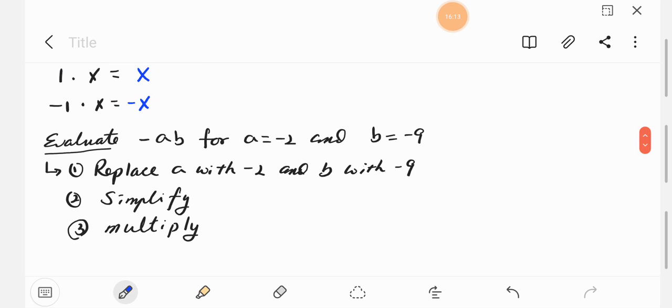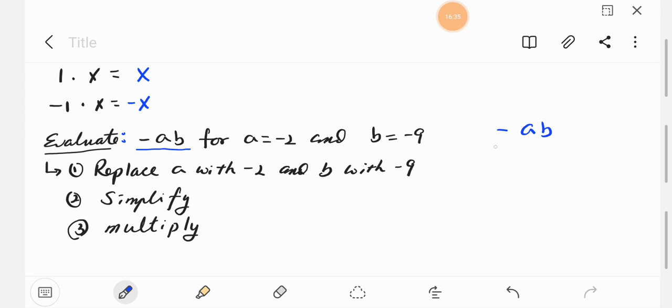Okay, let's try this example. Now evaluate this expression for a equals -2 and b equals -9. When you evaluate an expression, always replace variables with their values. So negative AB.